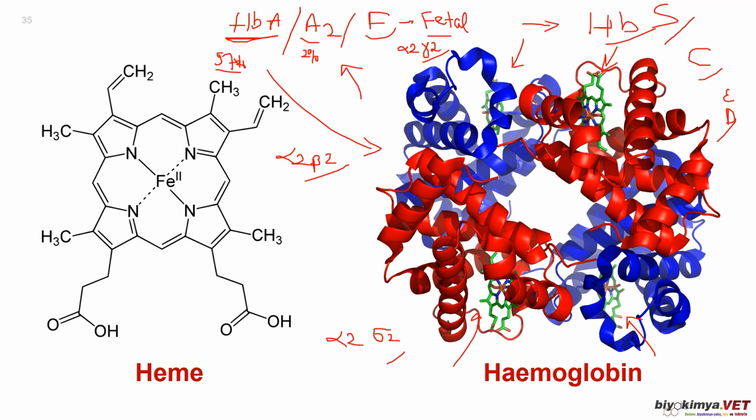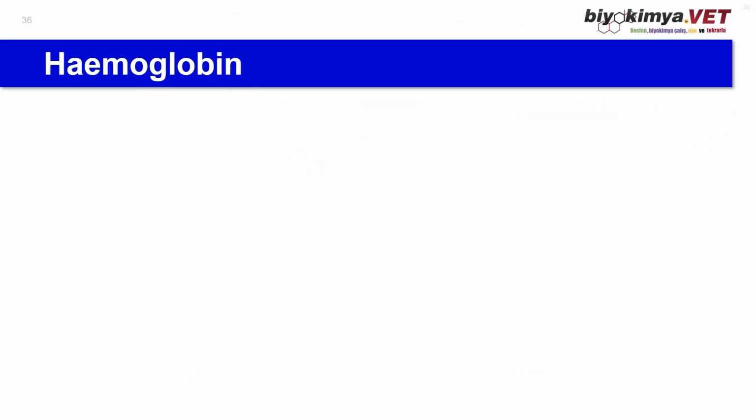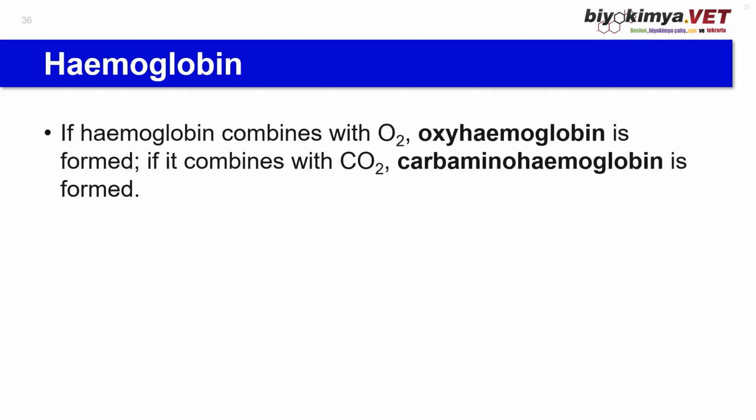Hemoglobin types differ in their oxygen carrying capacity and oxygen binding properties, which in turn affect the way the body meets its oxygen requirement. There are some basic definitions that we should know, my friends. If hemoglobin combines with oxygen, we call it oxyhemoglobin. If it combines with carbon dioxide, we call it carbaminohemoglobin.